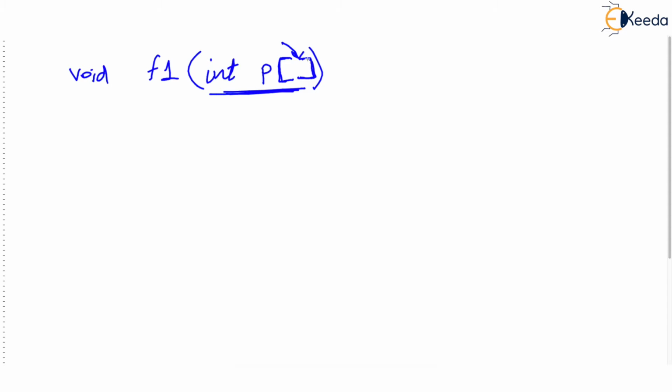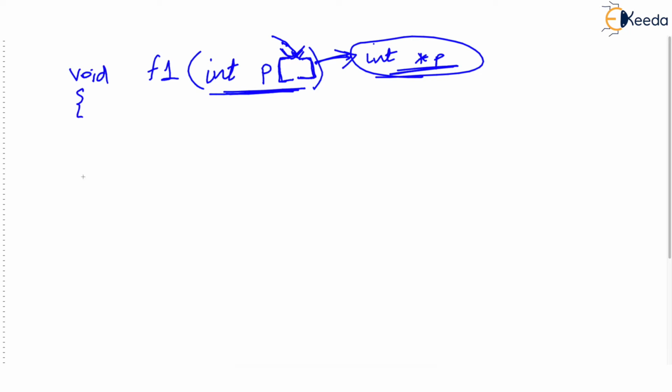It will find out how many elements are there in the array. You know what's the big reason that you don't write the size over here? Because this is nothing but int *p. Ultimately, this declaration is going to be converted to a pointer. So whether you write the size over there or not, what difference is it going to make to C language?